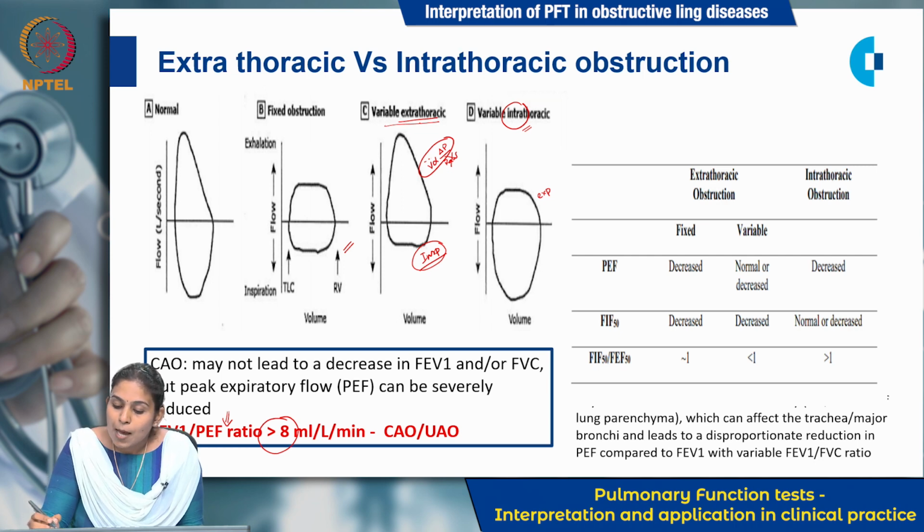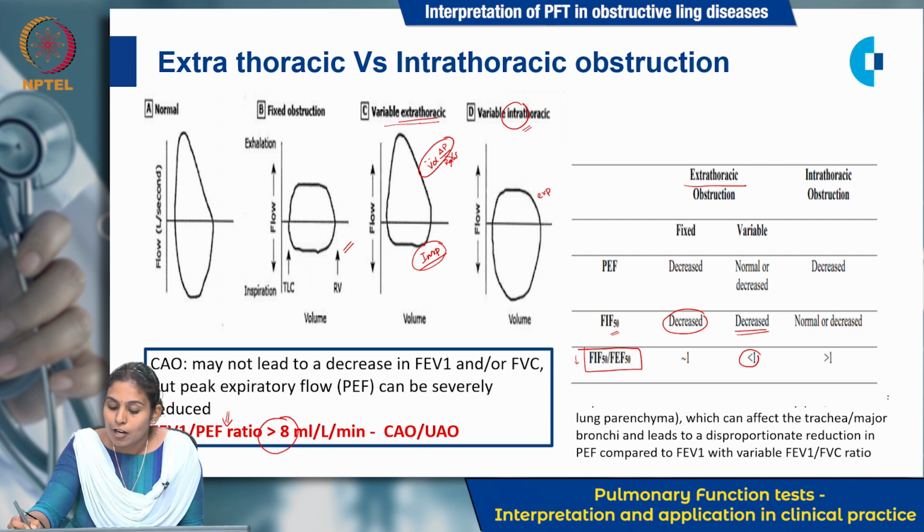So in extrathoracic obstruction, your inspiratory flow is getting decreased. If you take FIF50 divided by FEF50, that is forced inspiratory flow at 50% divided by forced expiratory flow at 50%, we already saw that if the numerator falls, the ratio also falls. So in variable extrathoracic obstruction, because the numerator is falling, your ratio is also falling.